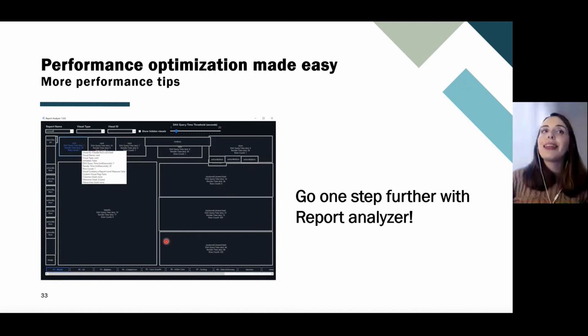The objective of this tool is to simplify the process of finding the visuals that are the problem for your performance, and it aims to do this in a more visual way, giving you the visual experience that you don't have with the performance analyzer. This will help you figure out where your bottleneck is, and it's easier to understand which visual is the biggest problem in my report page.